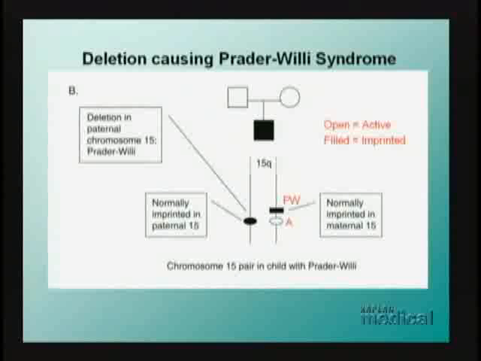The Prader-Willi gene is still present on the copy of chromosome 15 from the mother, but the mother has methylated, imprinted, and turned off that Prader-Willi gene, so that in this situation the child would receive no functional copies of the Prader-Willi gene, and the child would develop Prader-Willi syndrome.